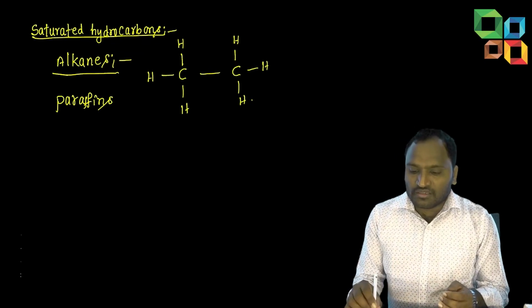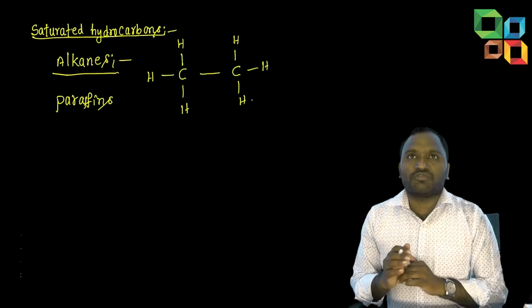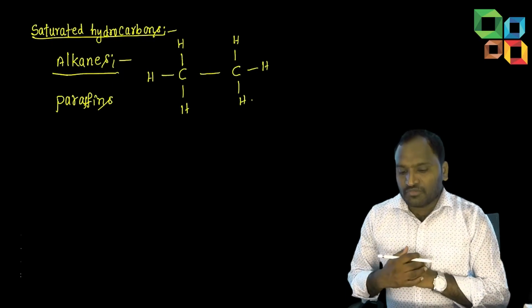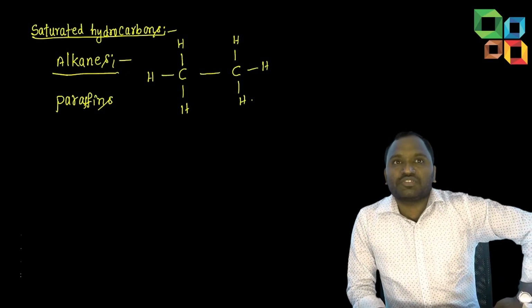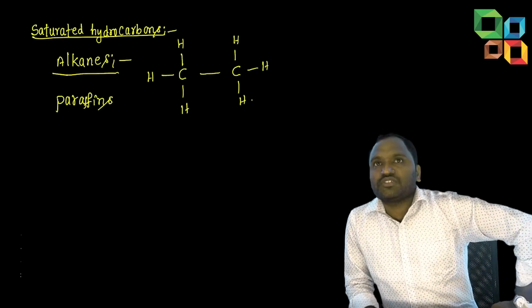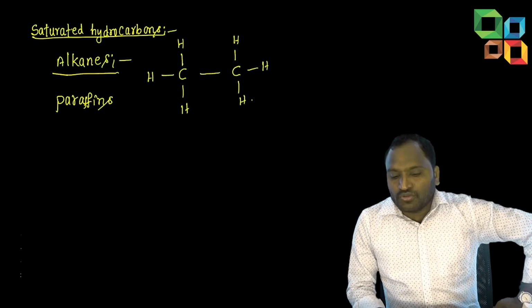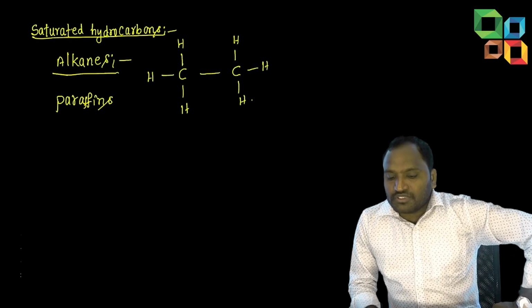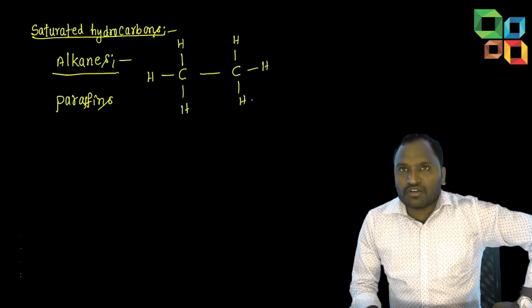All these carbon atoms have enough hydrogens, so they have octet configuration around them. No unsaturation. If they have unsaturation, they readily undergo chemical reactions. Compared to unsaturated hydrocarbons, these are less reactive. So these are also called paraffins.